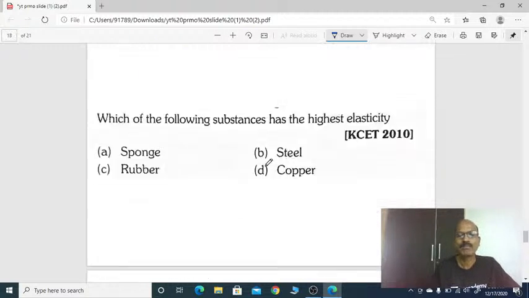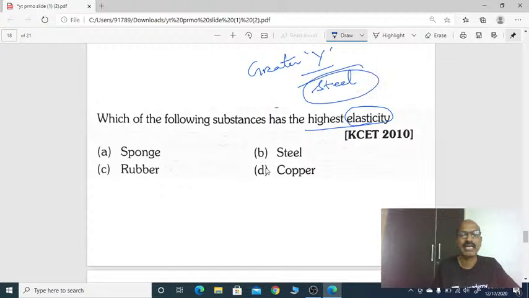Next problem. Which of the following substances has highest elasticity? See that. Which substance has greater Young modulus? Keep in mind, greater Young modulus. Steel has greater Young modulus among the following.